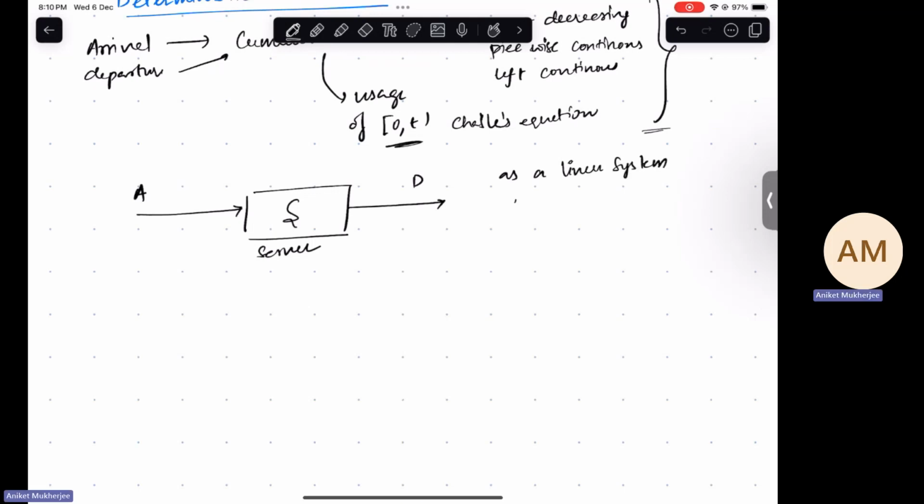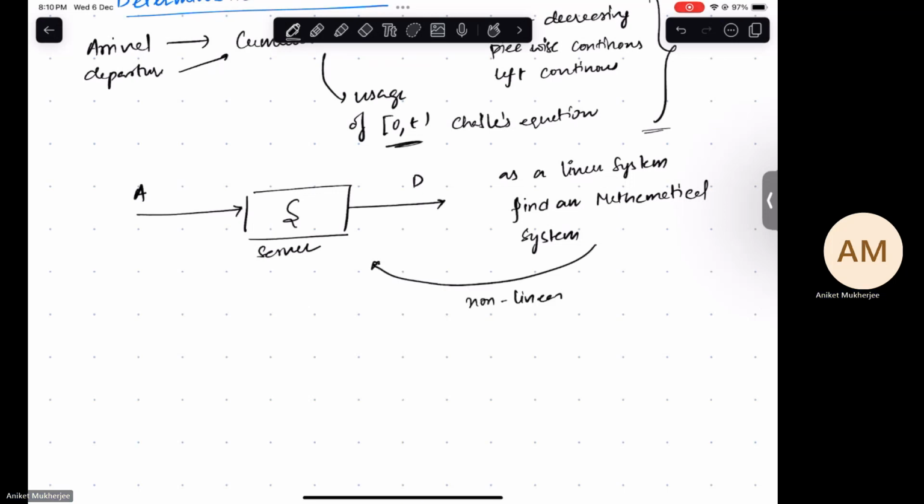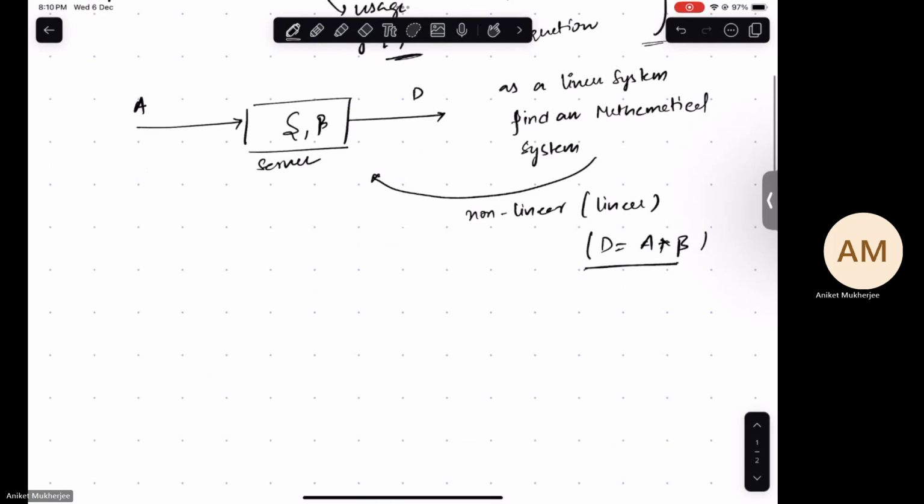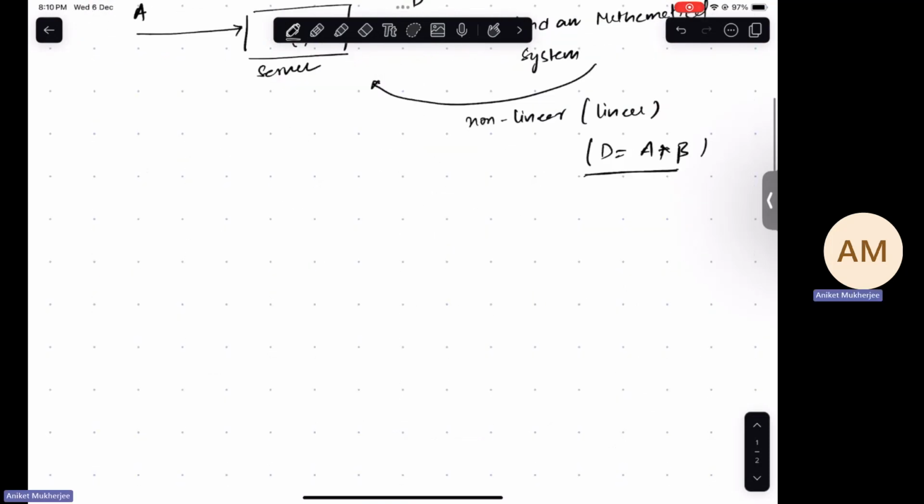So we want to find a mathematical system where the following nonlinear process becomes linear. So you can define D as a convolution of A with beta, where beta is a service curve. Yeah, so now defining a server.